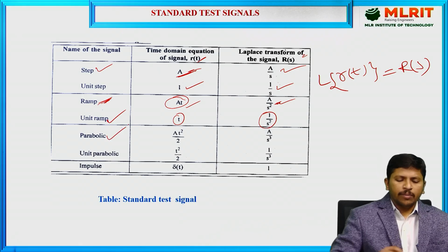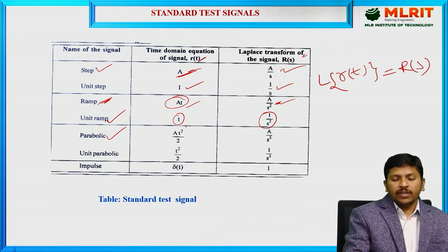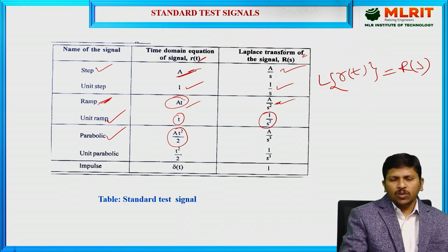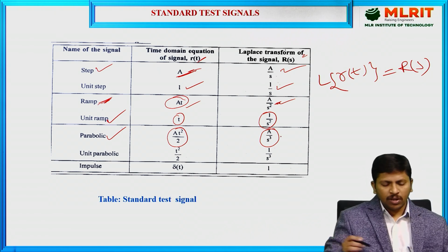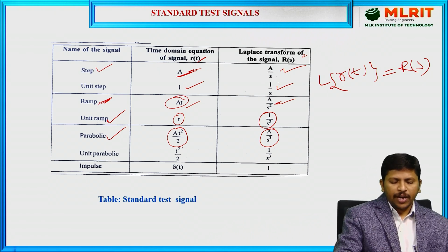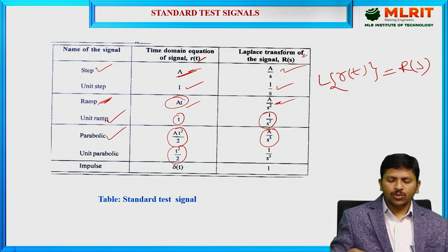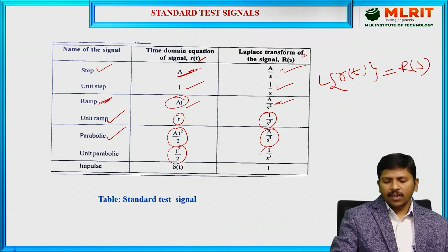Coming to the parabolic signal, the time domain equation is A into t square by 2, and the s domain function of the signal is A by s cube. The unit parabolic is t square by 2, and here it is 1 by s cube.